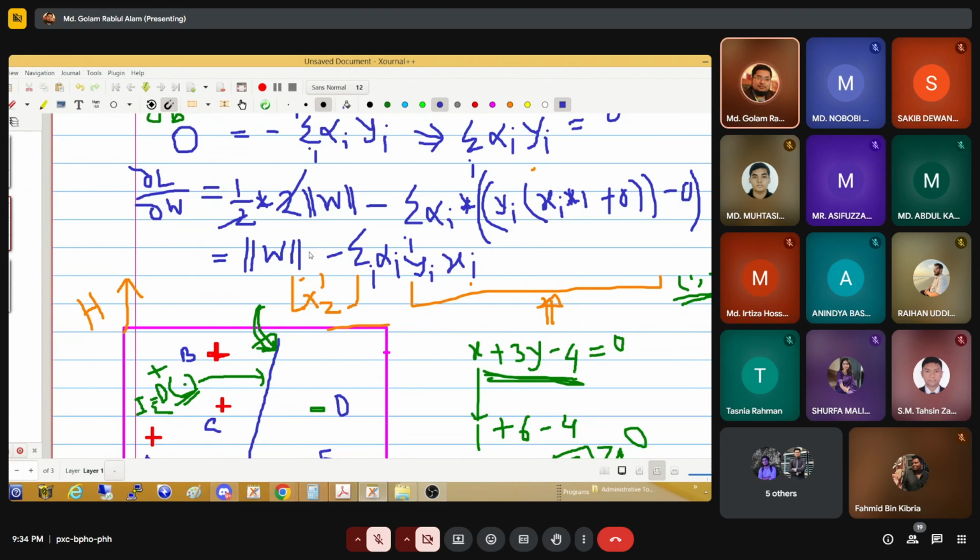Now to solve it, put the value of dL/dW equals 0.